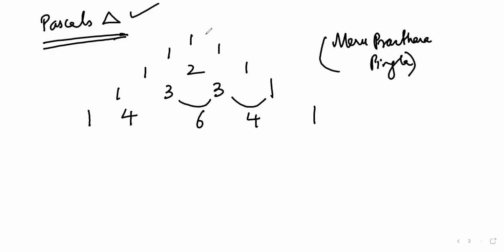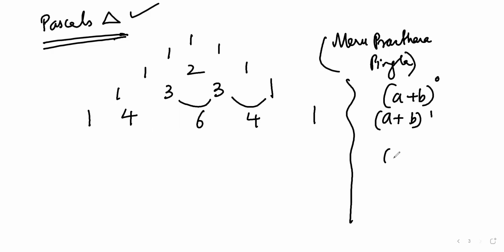So you see, in the first place, now I'm also going to write the coefficients. (a plus b) power 0, (a plus b) power 1, (a plus b) power 2, (a plus b) power 3, (a plus b) power 4. Does it ring a bell with respect to what I have written and what I'm talking about with binomials? Can you relate something to this?